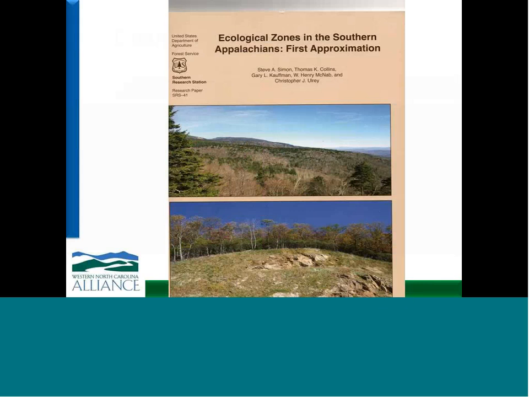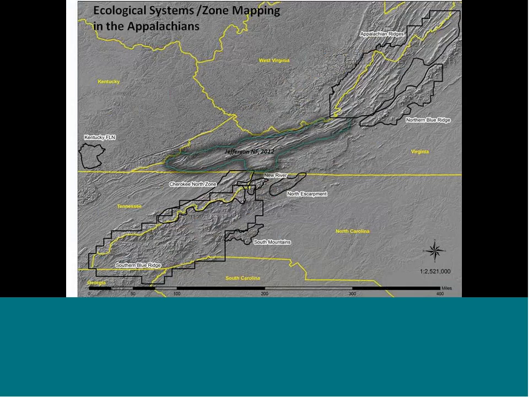As far as mapping different ecosystems, we have this fantastic tool that both the National Forests in North Carolina and the Southern Blue Ridge Fire Learning Network have invested in pretty heavily. These ecological zone models were developed by Steve Simon, Tom Collins, Gary Kauffman, Henry McNab, and Chris Ulrey. Steve Simon has continued this work, refined it further, and created a more accurate product than the original project.